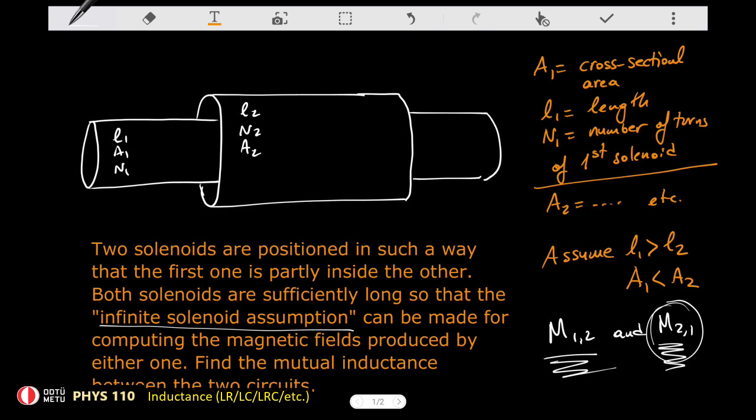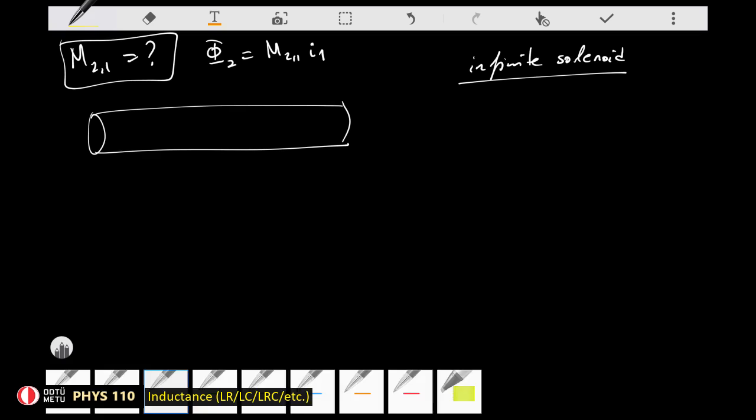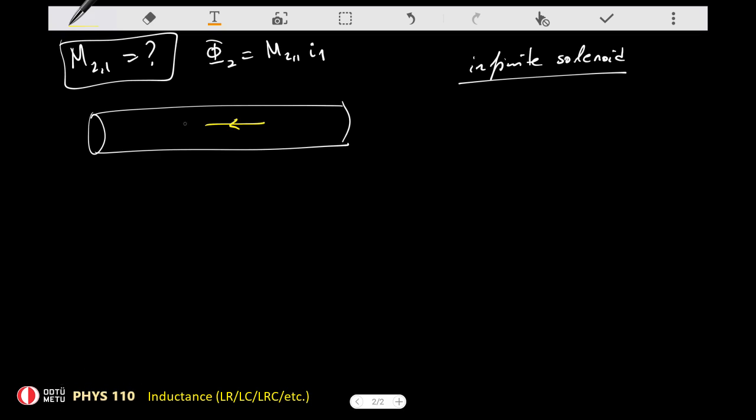So I can compute the magnetic field produced by the solenoid, assuming that this solenoid is infinite. Of course, I'm not going to derive the formulas now. If you remember, for an infinite solenoid, we found this by using Ampere's law.